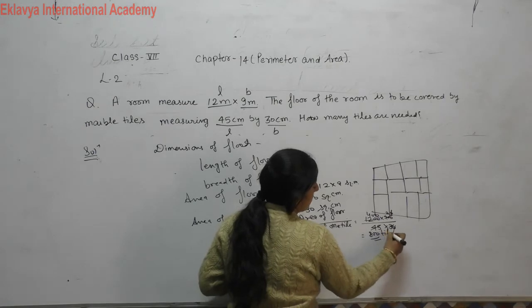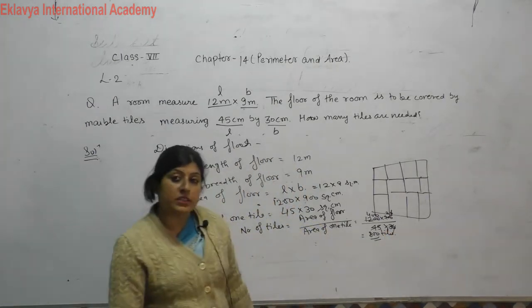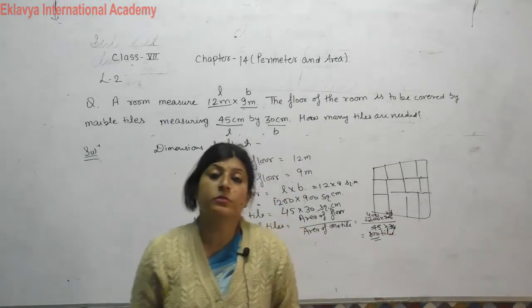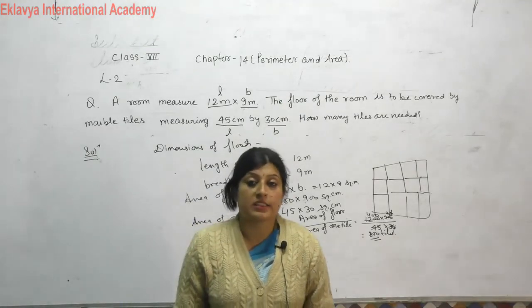It means the number of tiles required to cover the floor of the room is 800 tiles.